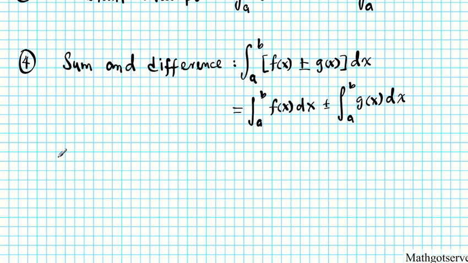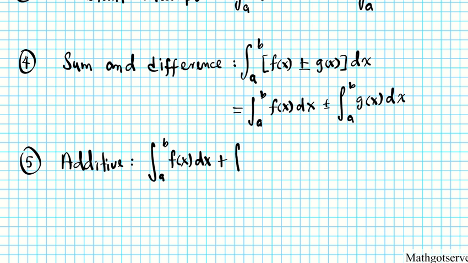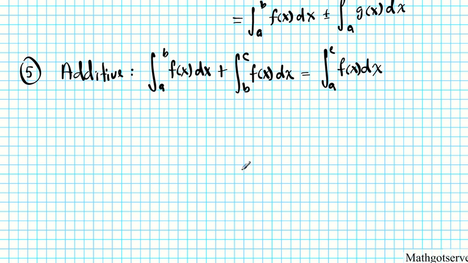So the additive rule, number 5, basically says that if you're integrating from a to b of f of x dx plus b to c of f of x dx, that can be simply written as the integral from a all the way to c of f of x dx.